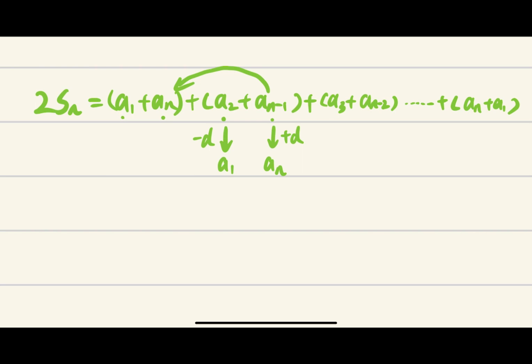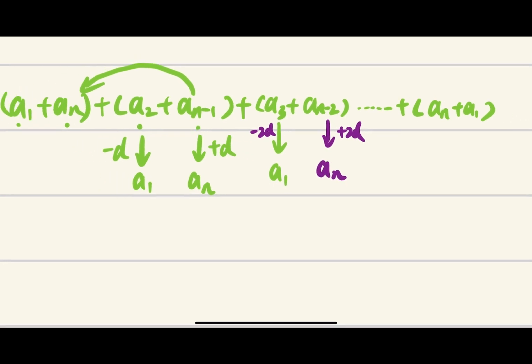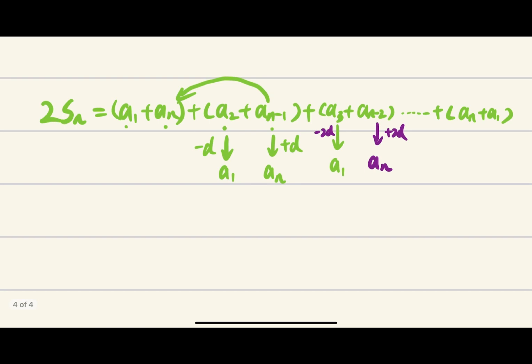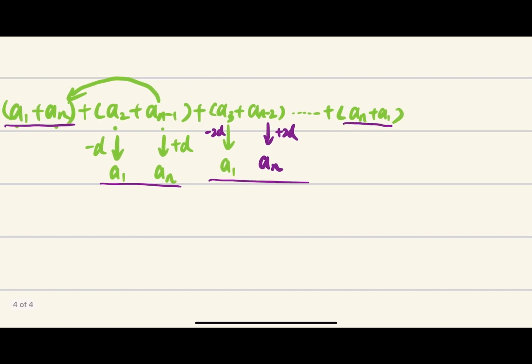Now if we do the same thing for this one, I'm going to write it in terms of a_1 also. So I get all these a_1s, and when I add them, it will look a lot prettier. Here I'm going to subtract 2d, and here I'm going to add 2d in order to get a_n. So we can see that we're getting a lot of a_1 plus a_n.